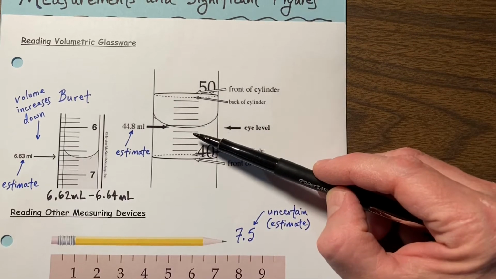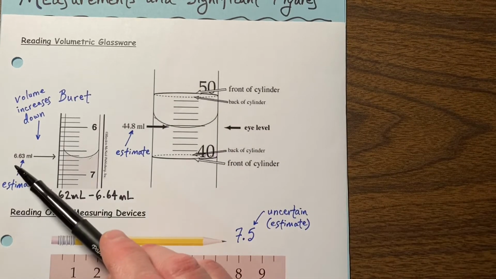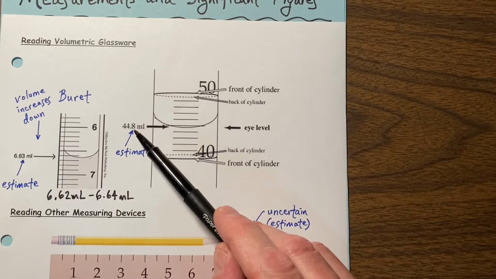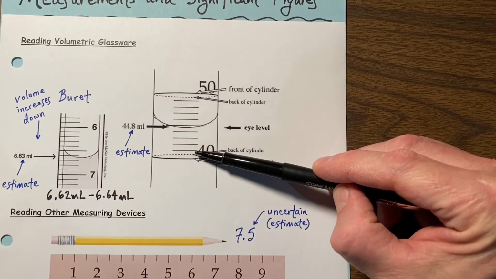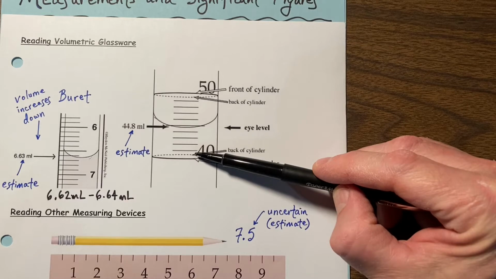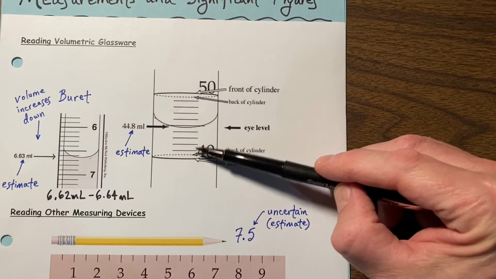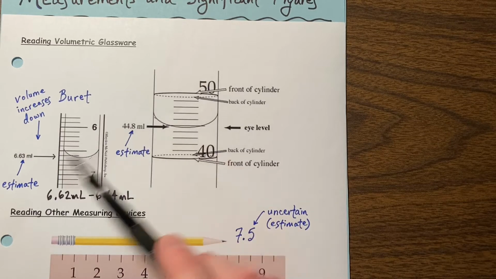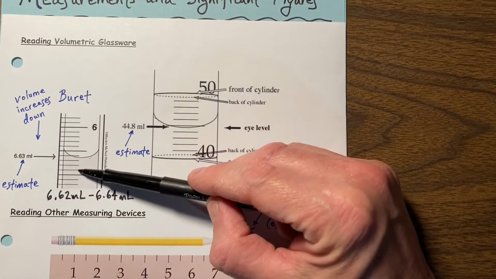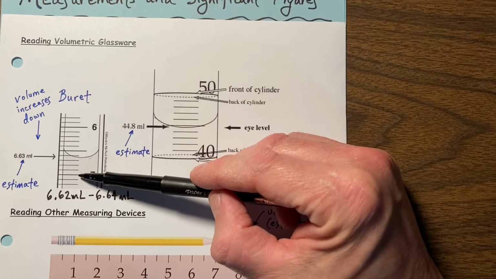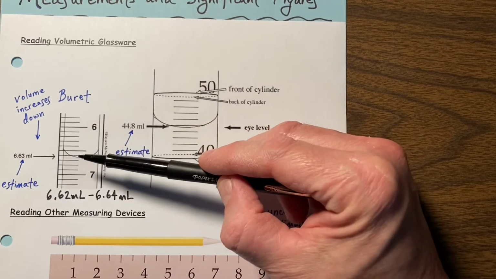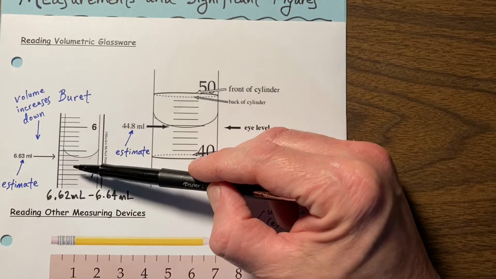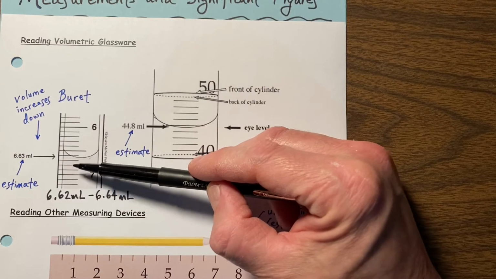So the uncertain digit is always going to be 1 decimal place to the right of the smallest mark on the piece of glassware. So since this is 1 milliliter, which is the ones place, there's always an uncertainty in the tenths place. In the burette, if you look carefully, there are 10 marks in between 1 milliliter. Therefore, each of those lines stands for 0.1 milliliters.